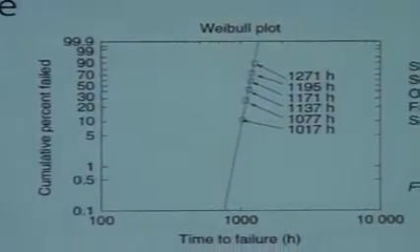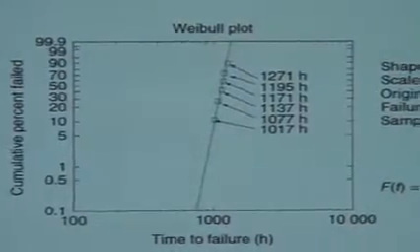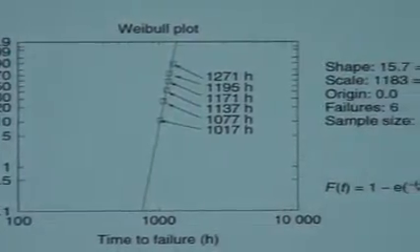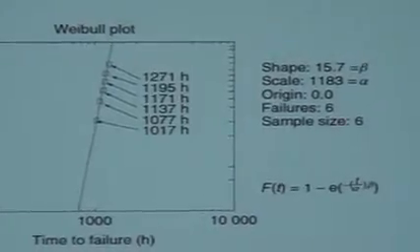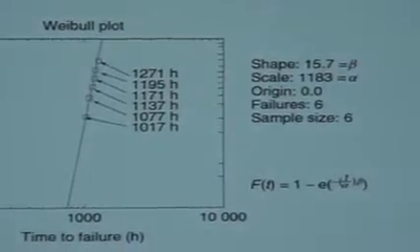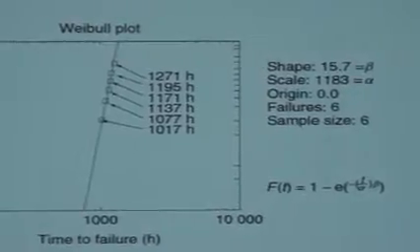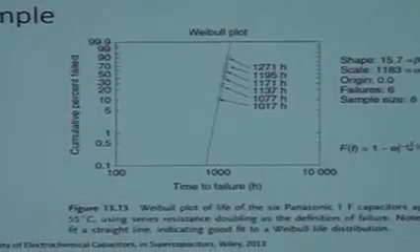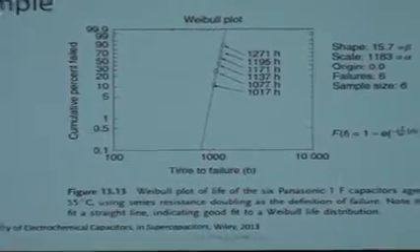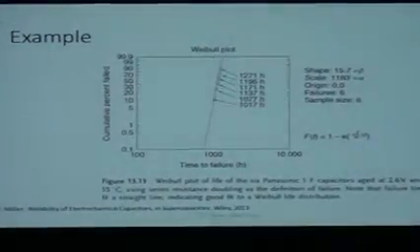And they failed in a range that was reasonably close, right? Between 1,017 and 12,071 hours. And so from these 6 samples, we can actually analyze the Weibull function. In this case, the shape factor beta is 15.7.